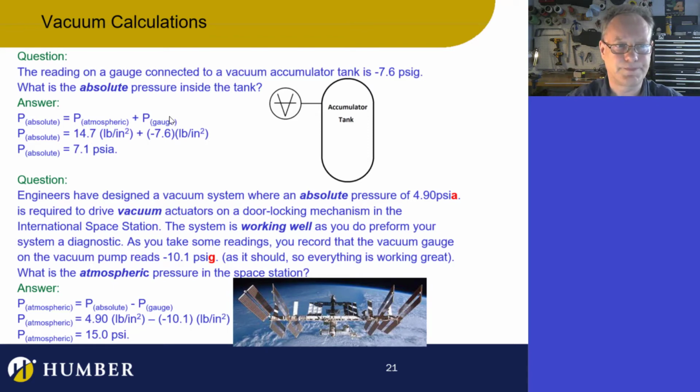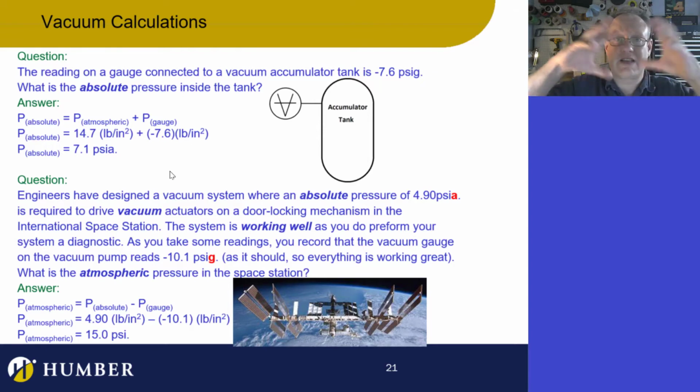Okay, so if I want to do the math to calculate the actual absolute pressure in there, I need the atmospheric pressure. If I was on Earth, and I was taking a look at this gauge, and it said minus 7.6, and I know the atmospheric pressure is 14.7, then I could calculate actually the absolute pressure. I could see what that vacuum is in absolute pressure, and it's going to be 7.1 psi A. So I've got this tank.